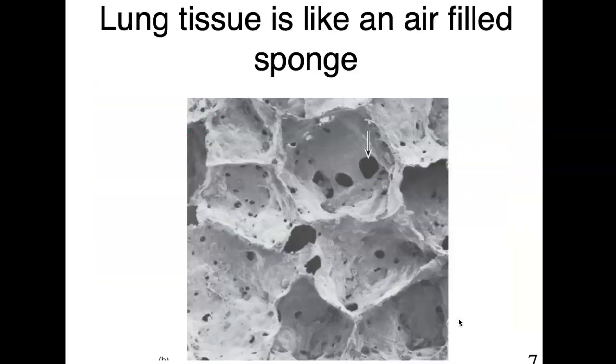The lung tissue is kind of like a sponge. It's like an air-filled sponge, and these would be the alveoli, and these little grape-like pockets where exchange is going to happen. And you're going to be able to bring air into those, and oxygen will be able to leave the alveoli, and CO2 is what you will pick up at the level of those alveoli.